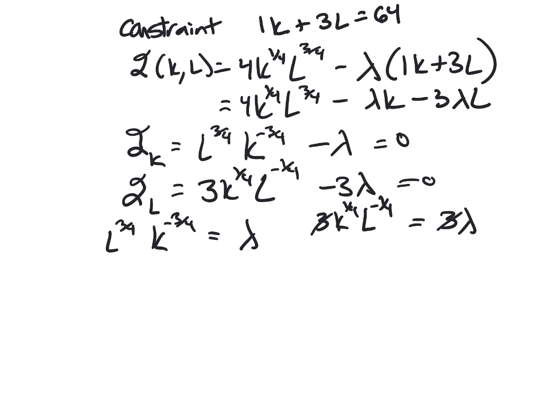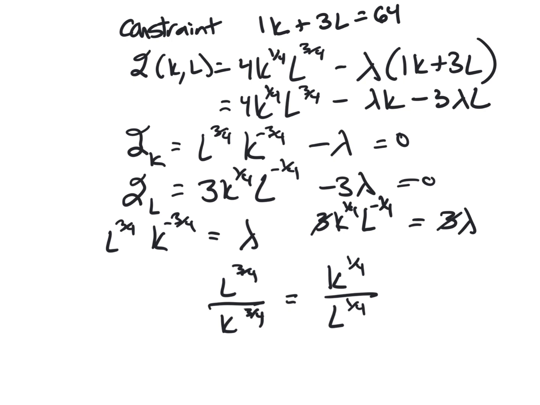And I'm actually going to bring the negative things with negative exponents to the denominator. So the left equation is L to the 3/4 over K to the negative 3/4. Oh, becomes positive. That was the whole point. When I bring it to the denominator, that negative exponent becomes positive, equals, the other lambda was K to the 1/4, and this time L goes to the bottom to make the positive exponent.